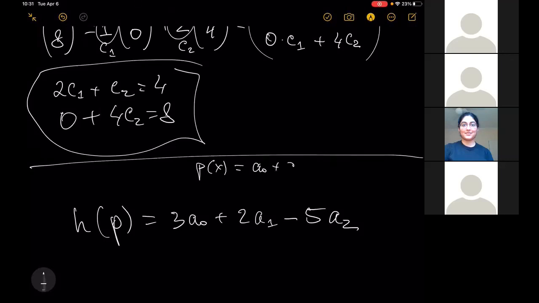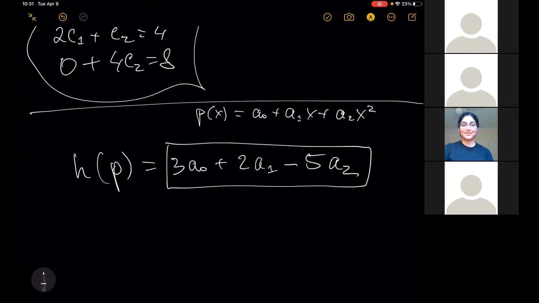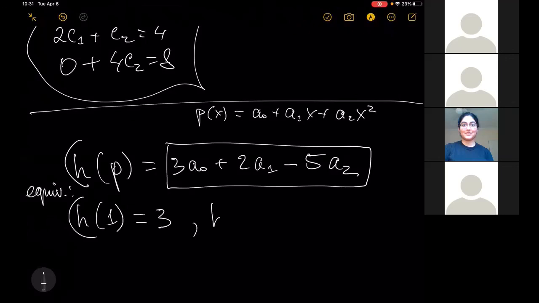I'm just saying that it's equivalent. Instead of giving this formula, a specific way of how to compute the homomorphism, it's equivalent to give just the following: h of 1 is equal to 3, h of x is equal to 2, h of x squared is equal to -5.